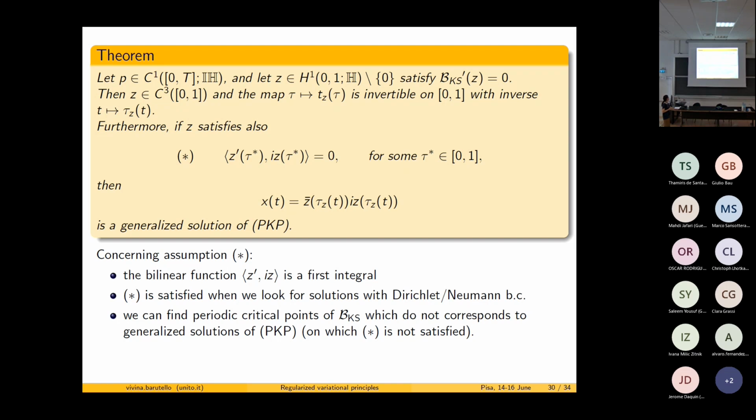This assumption is straightforwardly satisfied by Dirichlet boundary conditions, but those are not the conditions I'm dealing with. It's also possible to construct, not immediately, a counterexample for which this condition is not satisfied. For this reason, there is not a correspondence between critical points and generalized solutions. You can construct some counterexample.